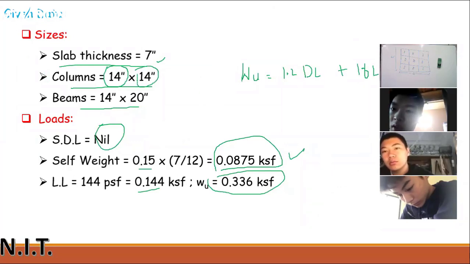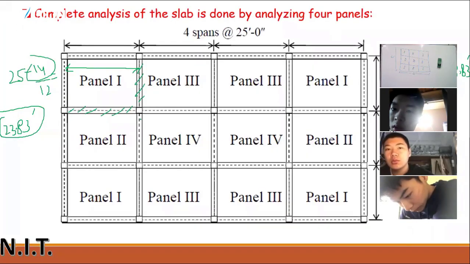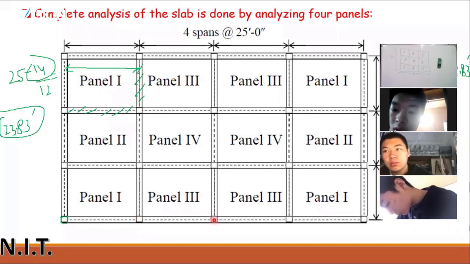Clear? And just listen here. This box is my column. As you can see here, this box is my column. The dimension of this box is 14 by 14 inch. Clear? This box dimension is also 14 by 14 inch. This box dimension is also 14 by 14 inches.